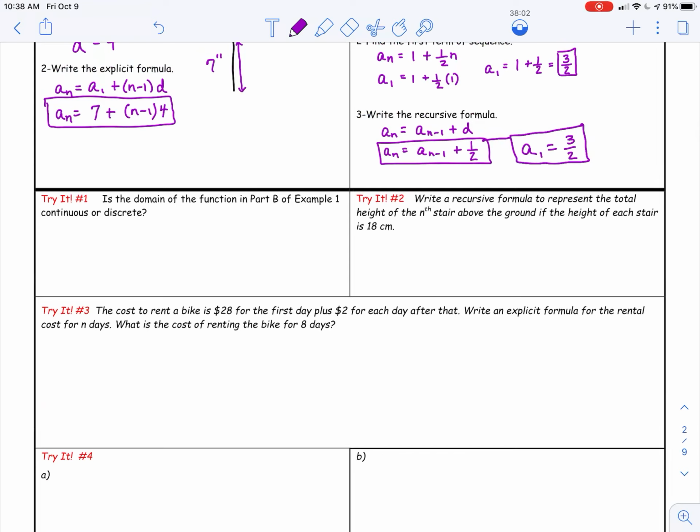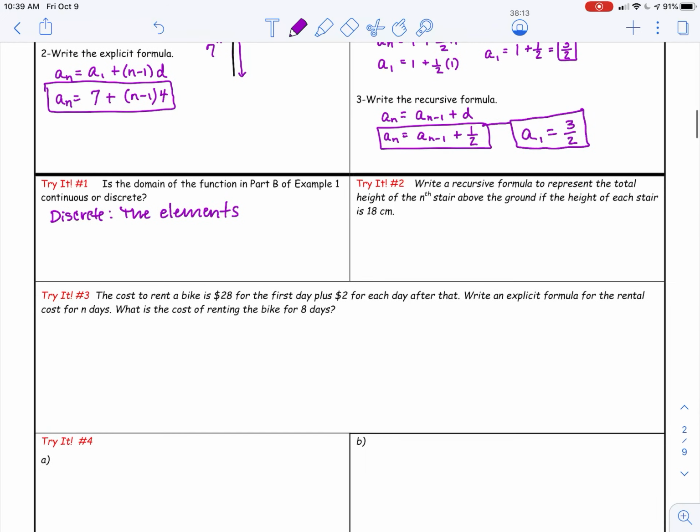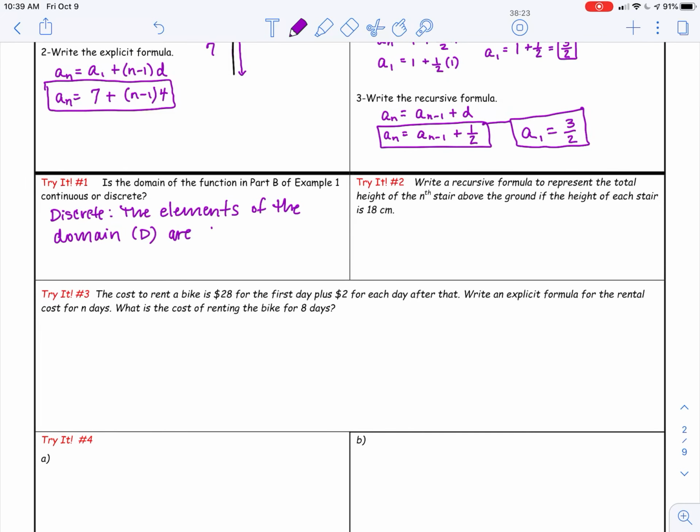So let's go down. Here's what you're going to answer. It's discrete. To write the reason, here's what you're going to say. The elements of the domain, and I'm going to put that as a big D because we're going to use that in just a minute to finish this up, are the subscripts, right, which was kind of like the X value.